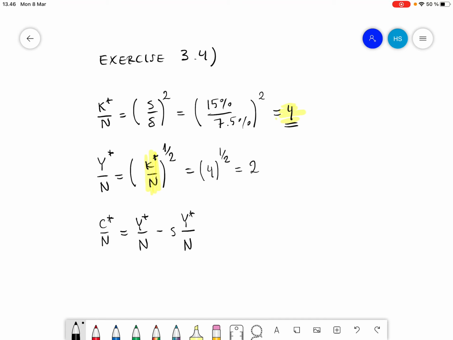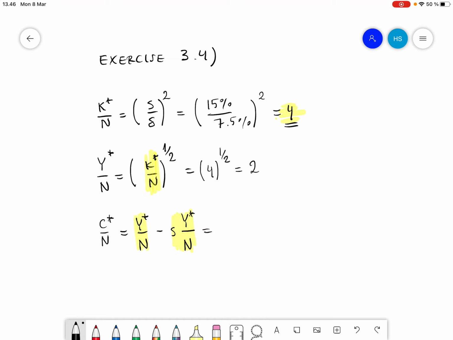Lastly, consumption per worker in steady state. What is consumption equal to? Well, consumption per worker in steady state must be equal to output per worker in steady state minus your savings. So everything that you choose not to save, you of course choose to consume.